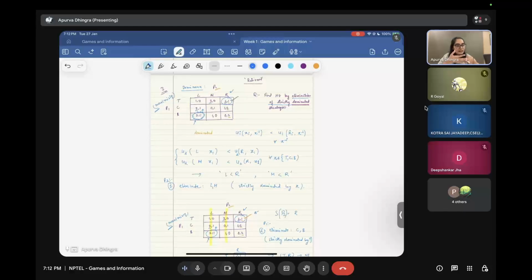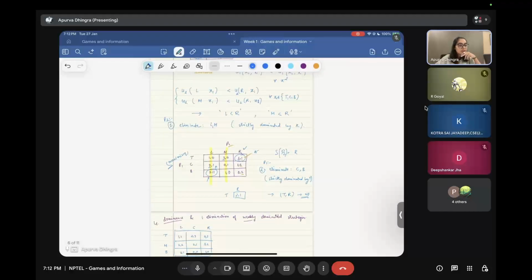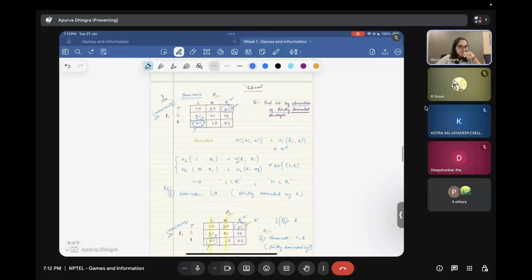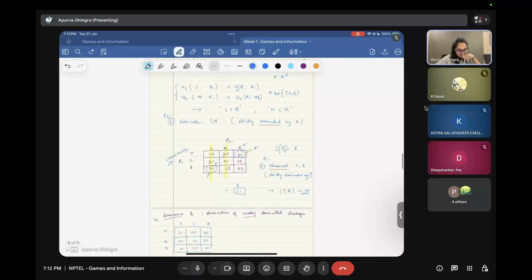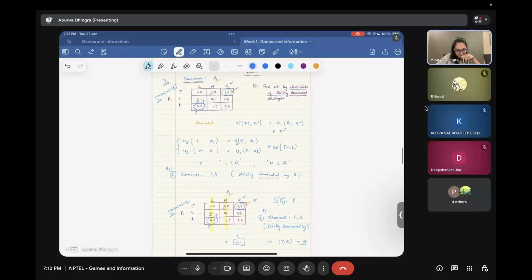And whatever we are left with at the end of this iterative process is going to be a Nash pair. Any questions here?